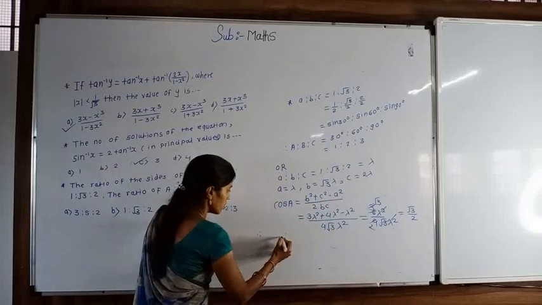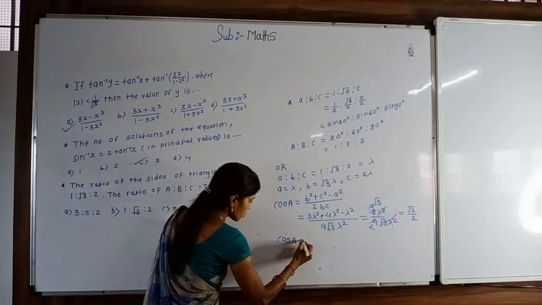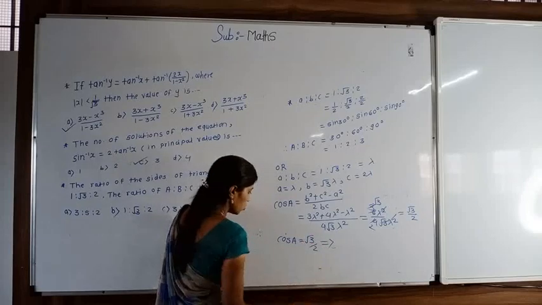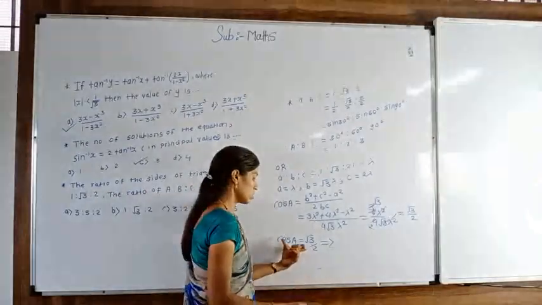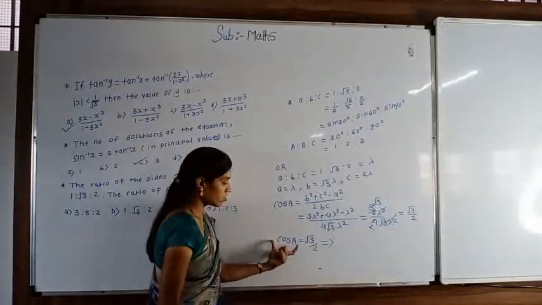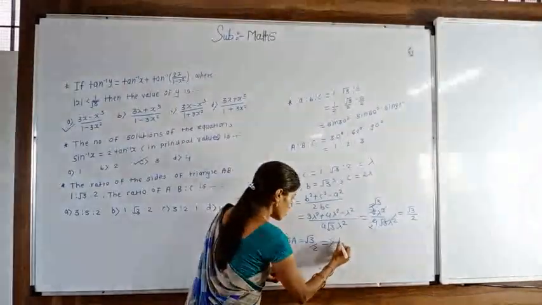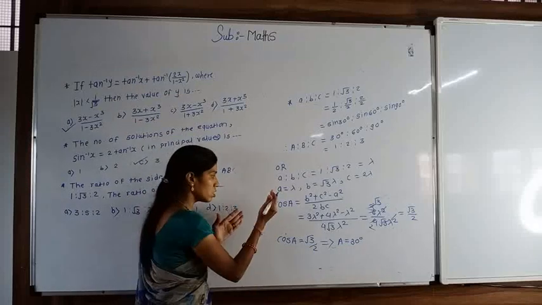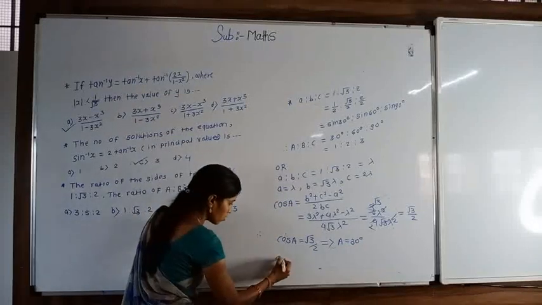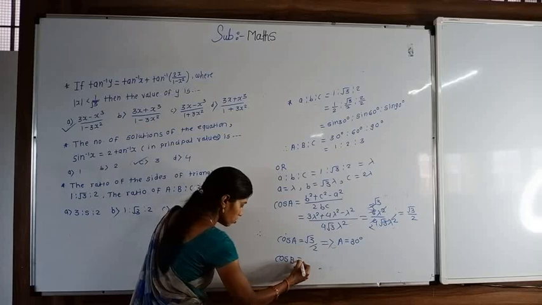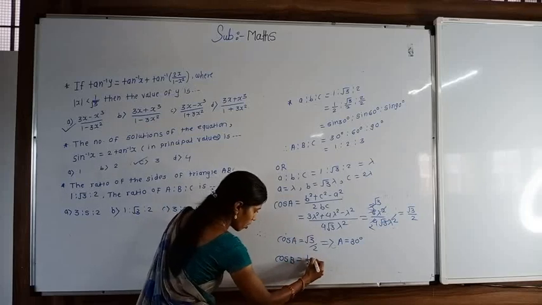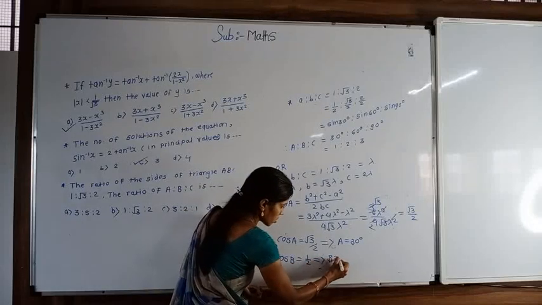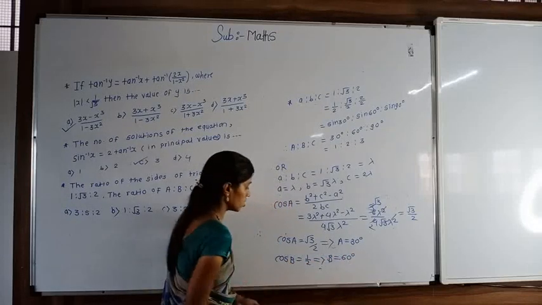So we know that cos A is root 3 by 2, which implies the value of A which satisfies this equation is 30 degrees. Okay. Similarly, using the cosine rule we find cos B, and we get cos B is half, which implies the solution of this equation is 60 degrees.